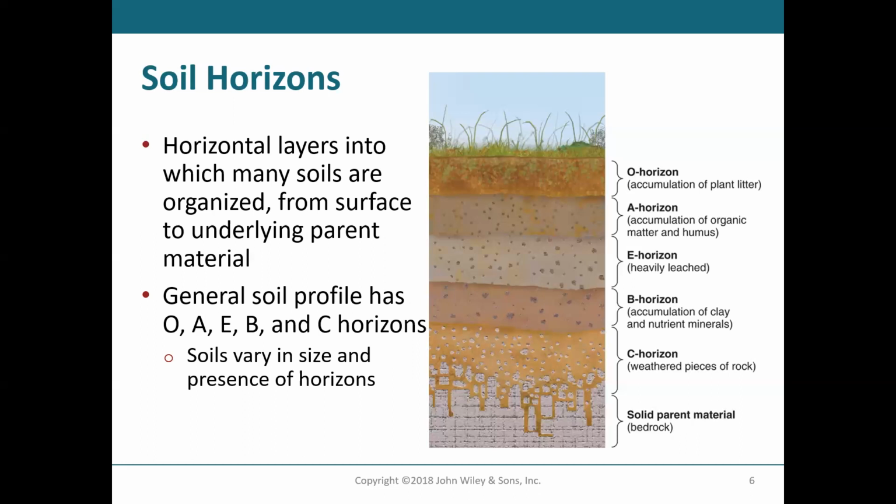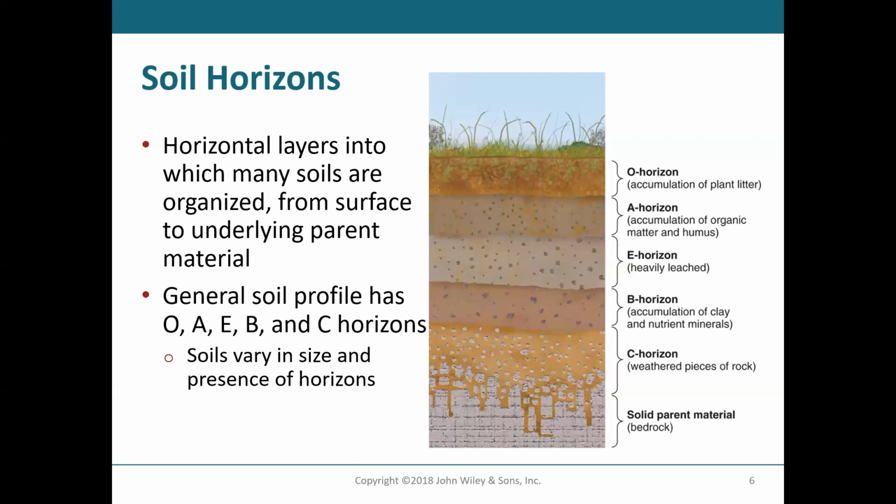That develops between the A and B horizon, right? So it's kind of like a transition layer between the A horizon and the B horizon. The B horizon is a light colored subsoil beneath the A horizon, and it's often an accumulation of nutrient minerals that have leached out of the topsoil.